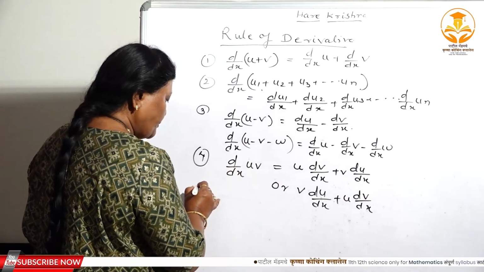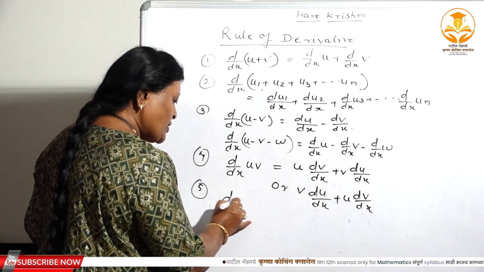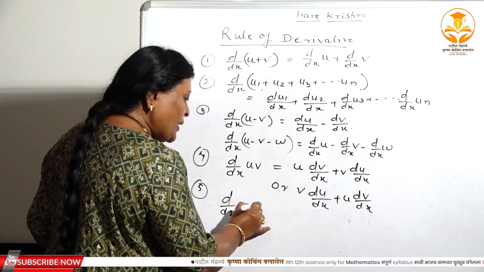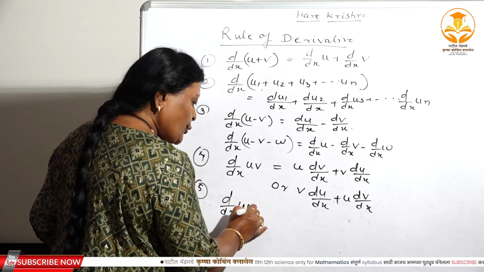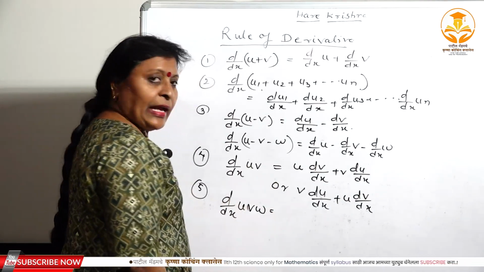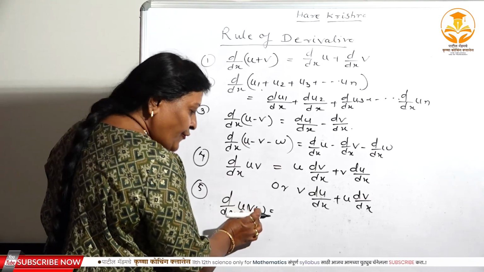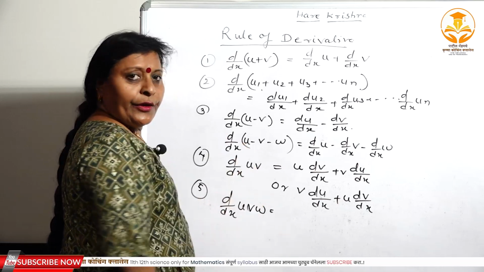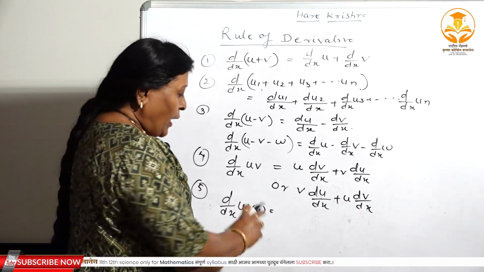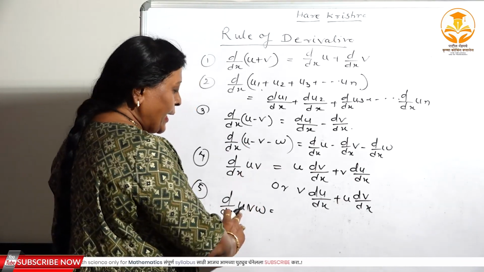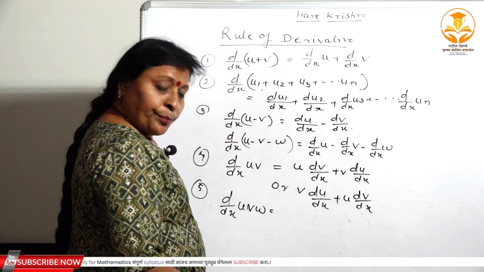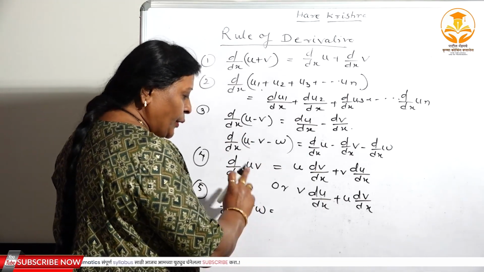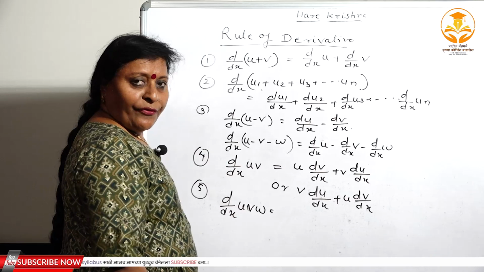Now here suppose there is an extension, there is a multiplication of three functions u v w, isn't it? Then what you have to do: first two functions remain as it is, u v remain as it is, take the derivative of w, plus v w remain as it is, take the derivative of u, plus again u and w remain as it is, take the derivative of v.